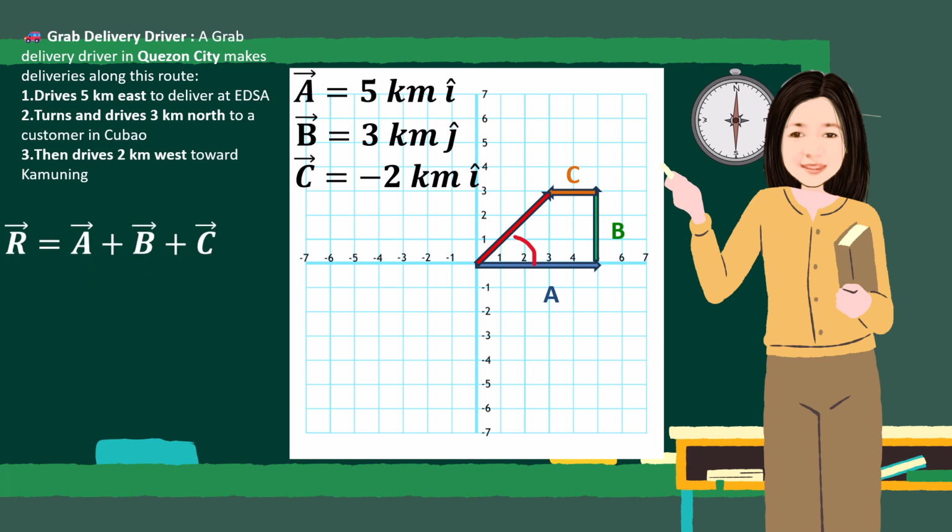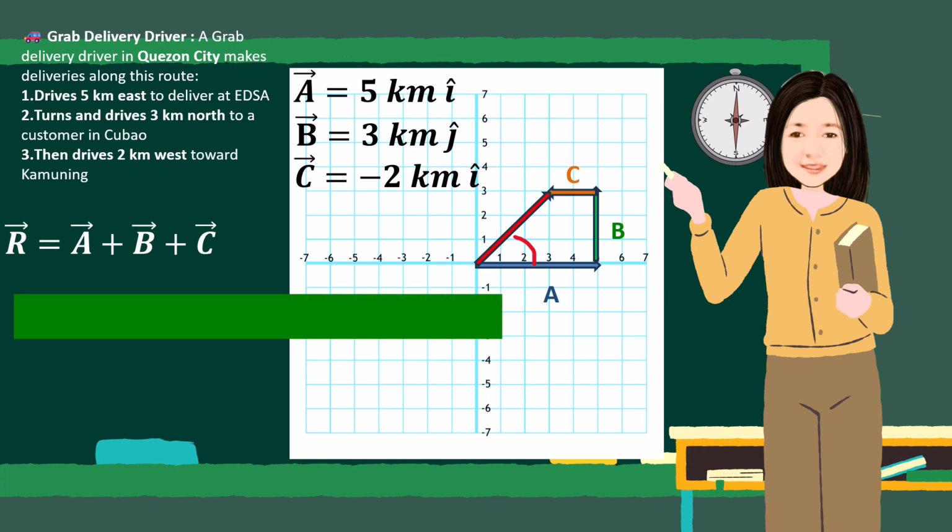So we get the resultant vector by adding A plus B plus C using vector addition. So we write vector A is 5 kilometers i hat, vector B is 3 kilometers j hat, and vector C is negative 2 kilometers i hat.